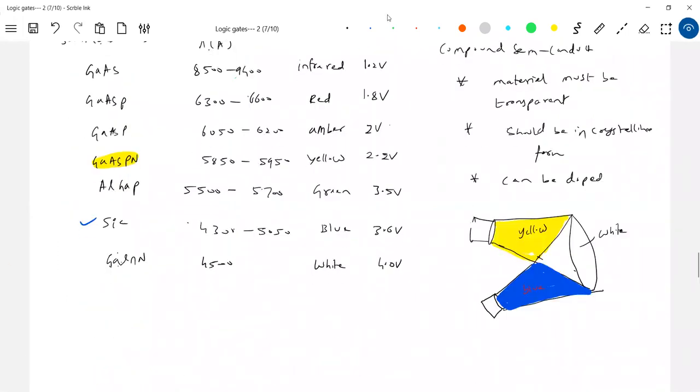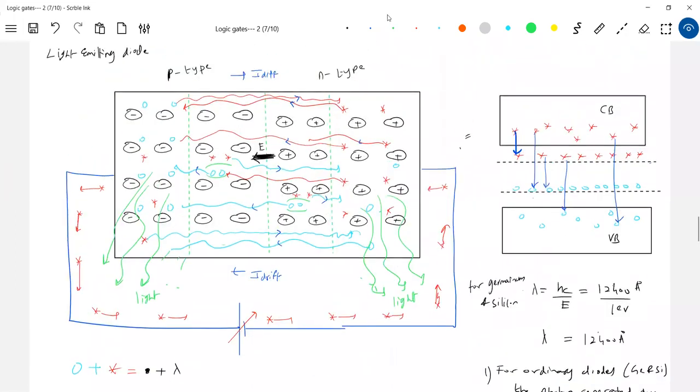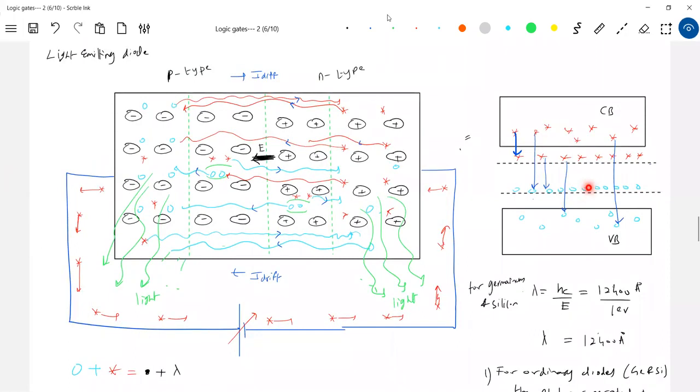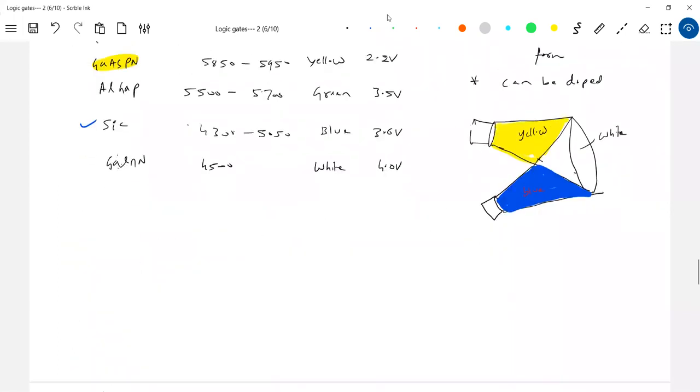So if you take yellow, will you get only one wavelength? Are you able to understand why we have to show this range? Because of transitions like this. I think in books they didn't stress much here, but LED will not emit monochromatic light. That's why I gave the range.